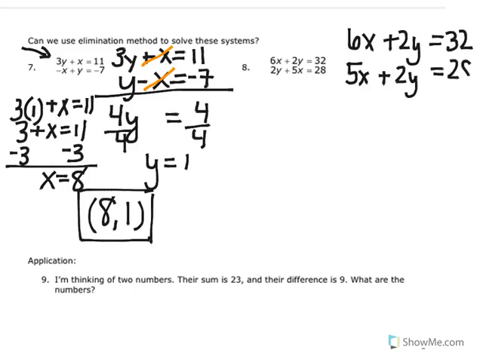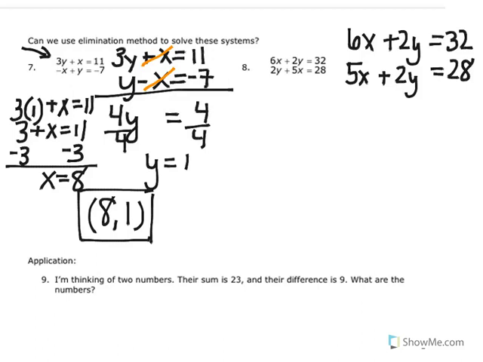I still cannot eliminate because, remember, in order to eliminate a variable, there has to be one that's positive and one that's negative. So even though we've rearranged, the y's are still the same sign.